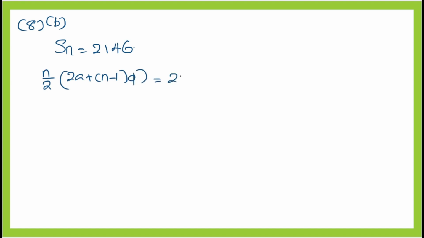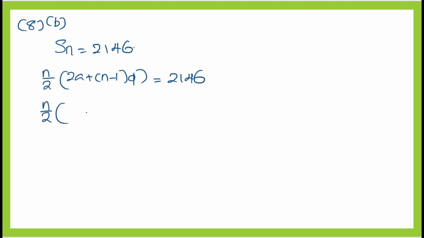Now for part B, it's given that the total number of seats in n rows is 2146. It's Sn equal to 2146, which implies n by 2 times (2A plus (n minus 1) into D) equals 2146.